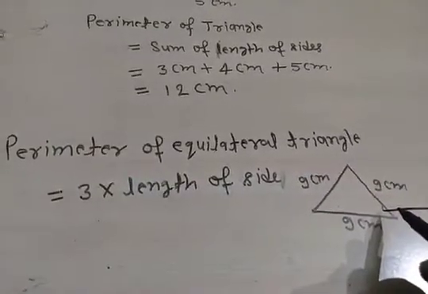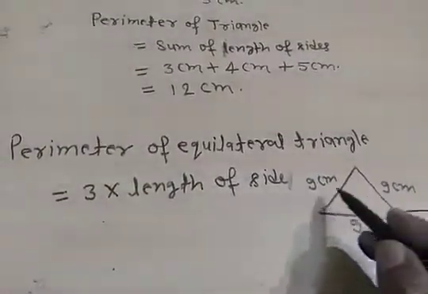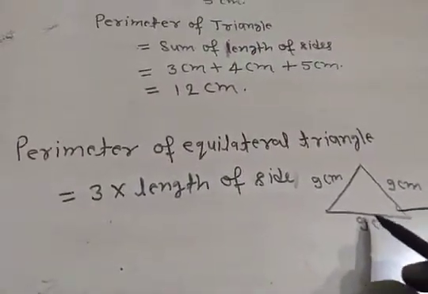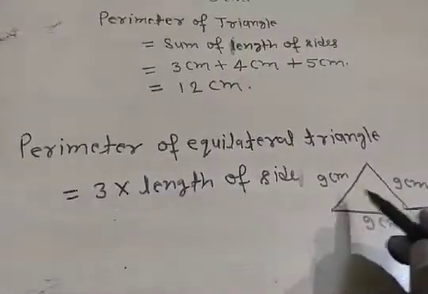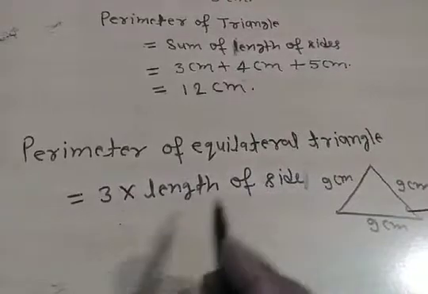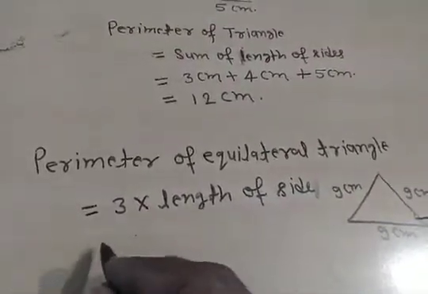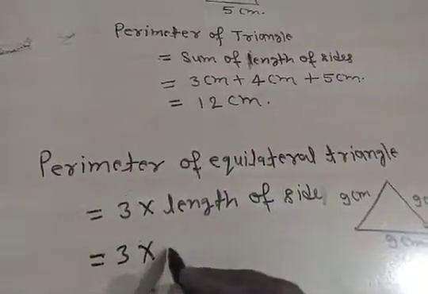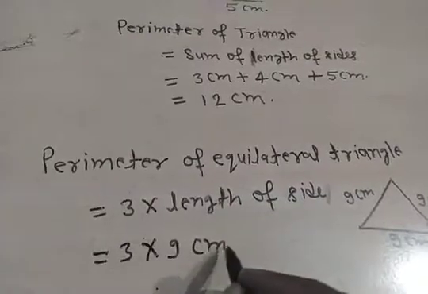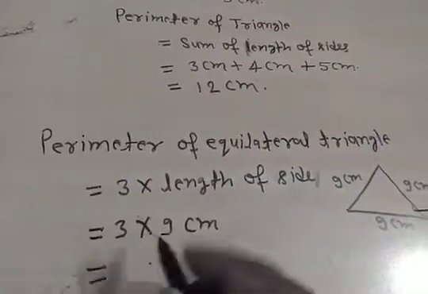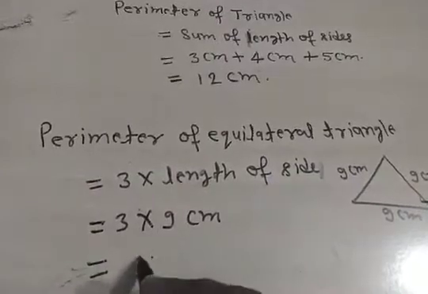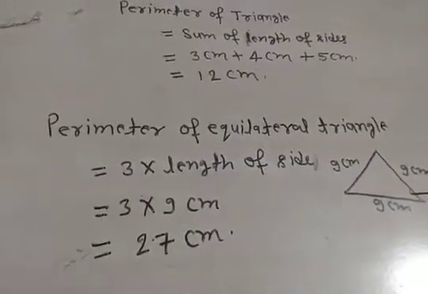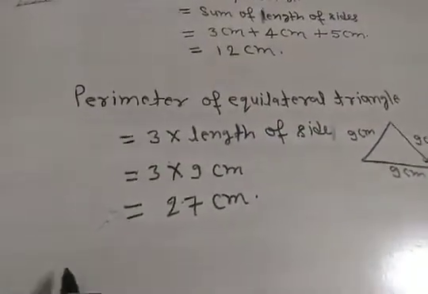You find its perimeter by the sum 9 plus 9 plus 9, or you can write 3 into the length of side, 9 centimeter. Clear? So 3 9s are 27 centimeter.